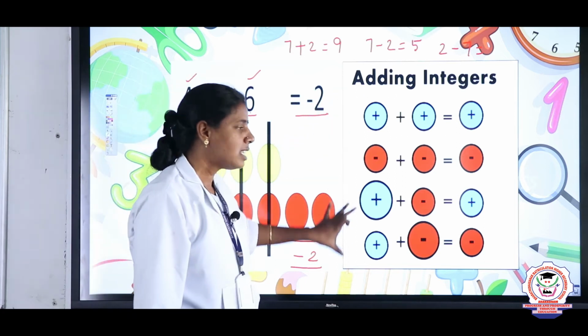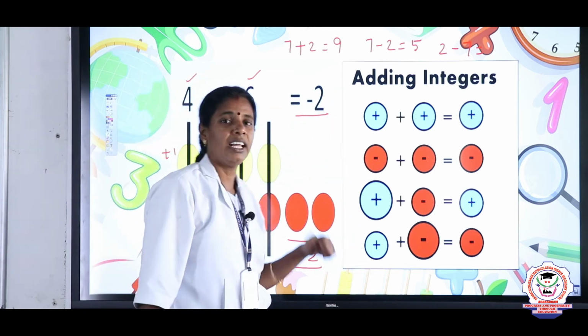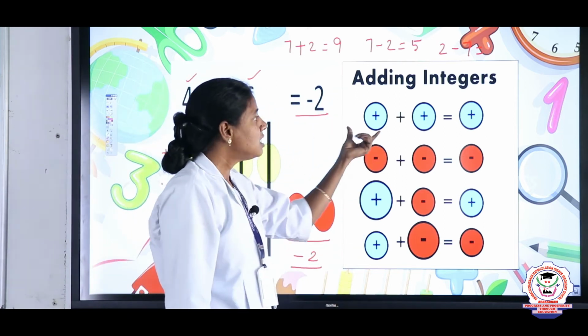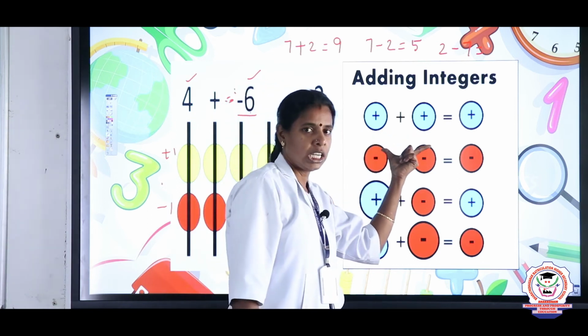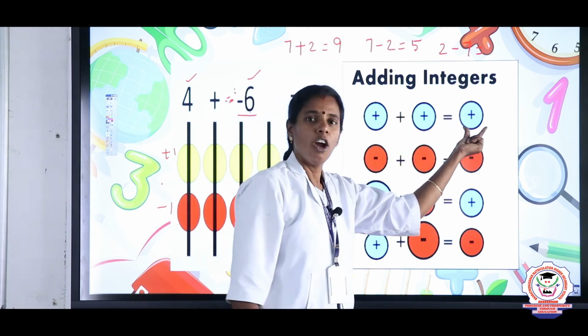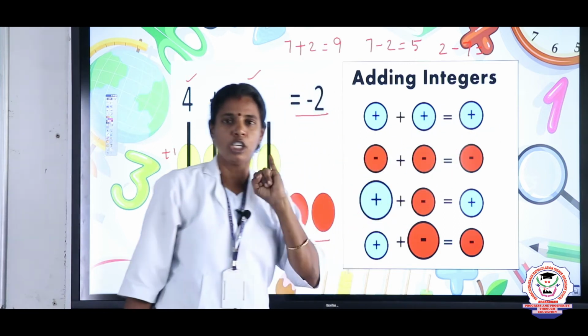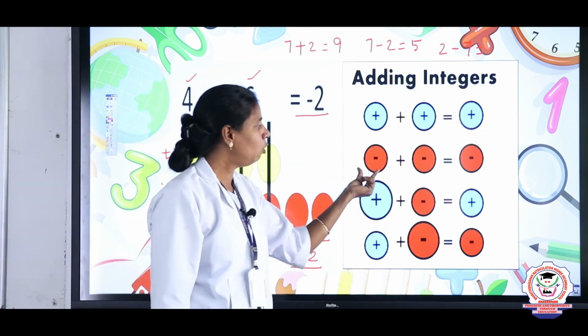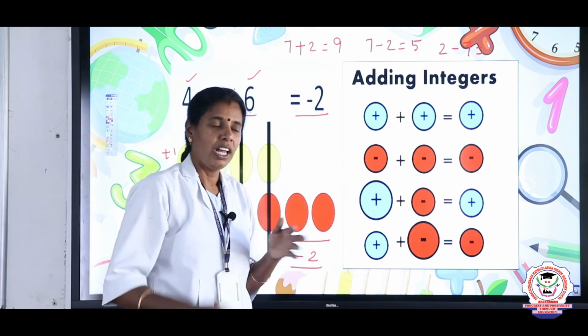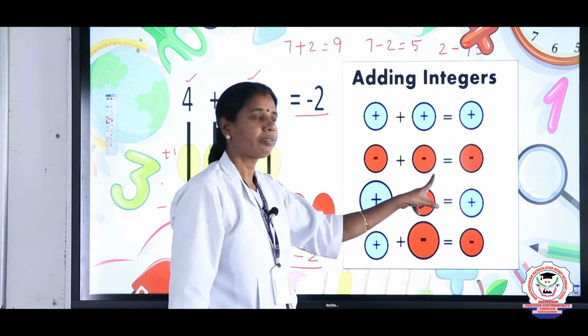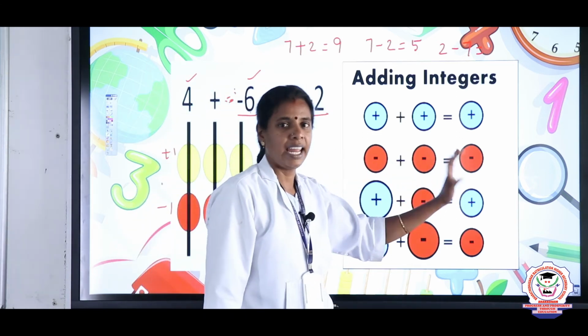See, there are some rules for how we get the answer for integers. When both the integers are positive, add both the integers and the answer will be positive. Second, when both the integers are negative, add both the integers and the answer will be negative.